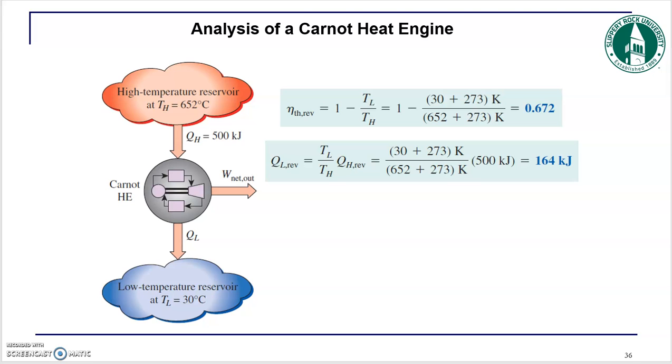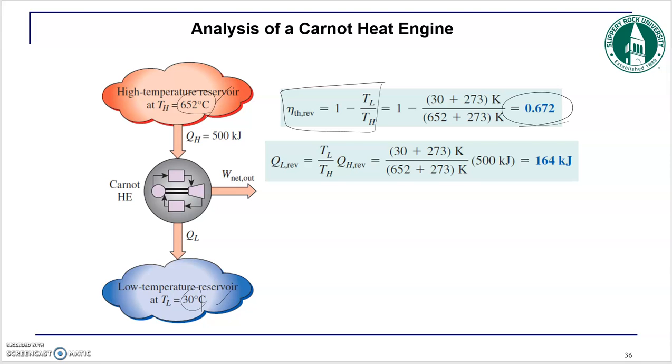So remember, for the Carnot cycle you can calculate the efficiency by using this equation, just using the temperatures of your high temperature and low temperature reservoirs. The only thing you need to consider is that you need to convert these degrees Celsius values to Kelvin and then put them into the equation.